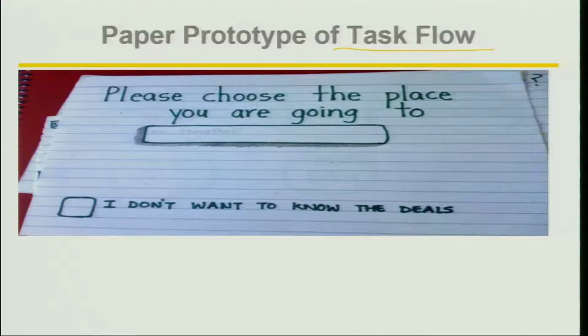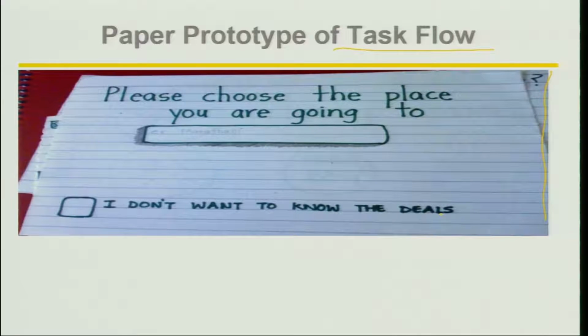And I'm going to show this to you through the example of the auto rickshaw driver-based product that we were coming up with, right? So now this is done on plain and simple index cards, the kinds that you use in the library index cards. So please choose the place you're going to, okay? And this is what it says.